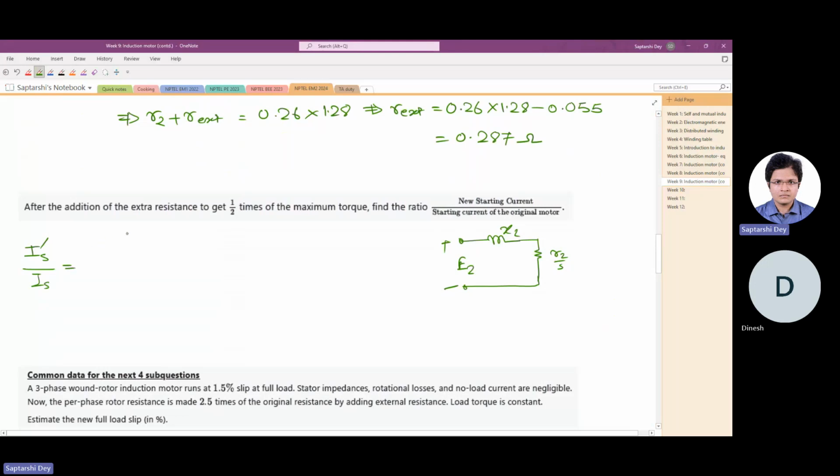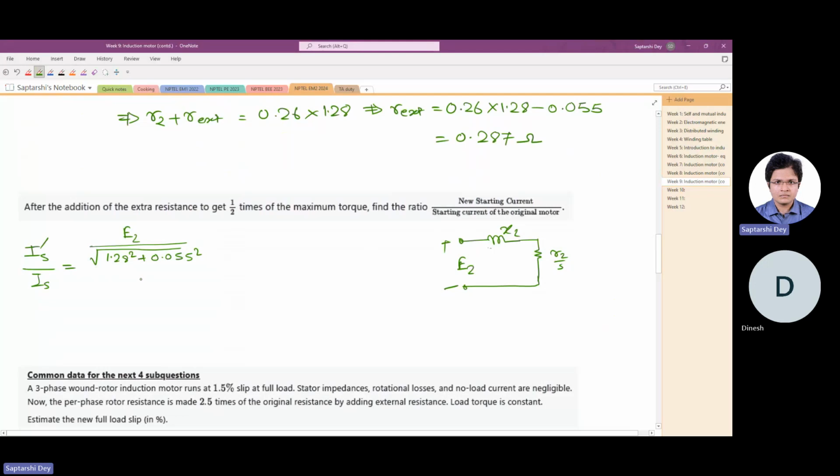So this will be E2 by the square root of the starting impedance. So S equals 1. So how much was this? 1.28. 1.28 squared plus 0.055 squared.